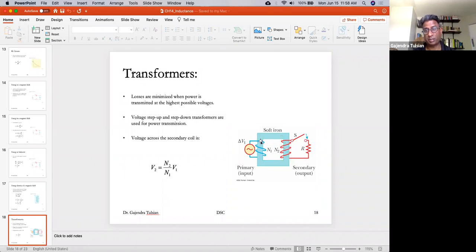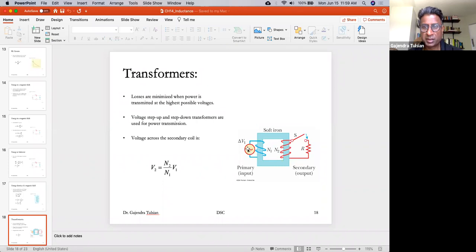And the soft iron couples that magnetic field strongly, and that induces an EMF. So the voltage induced in circuit 2 is equal to the number of turns here, N2, divided by the number of turns in the primary coil, N1, times the primary voltage.